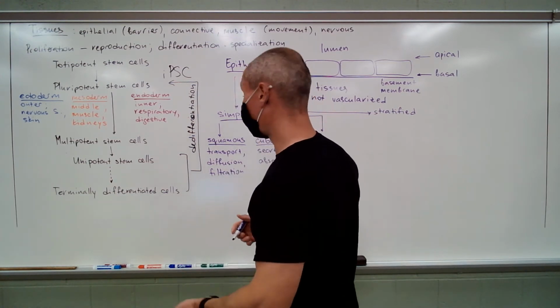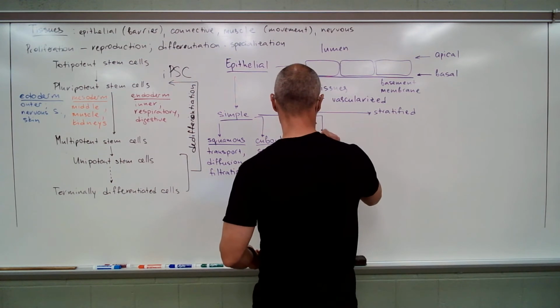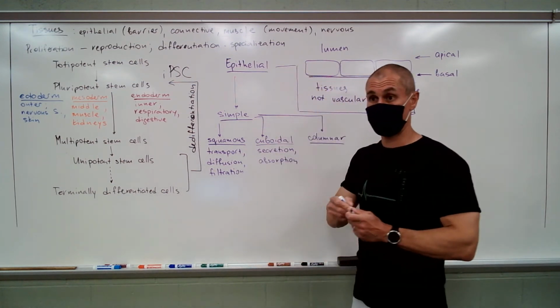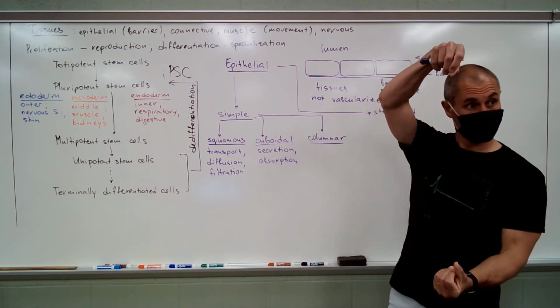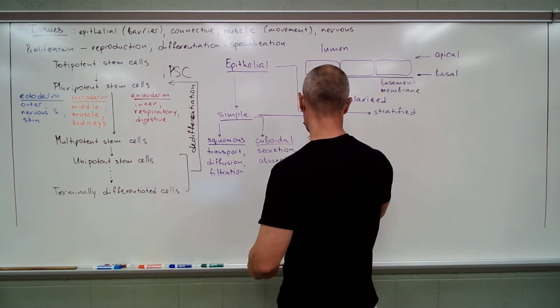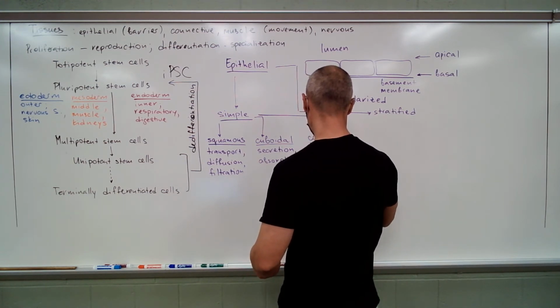And the third sort of a proper type is columnar. Cells shaped like a column. Okay? And here function is also secretion and absorption. Now, let me resolve some confusion here.